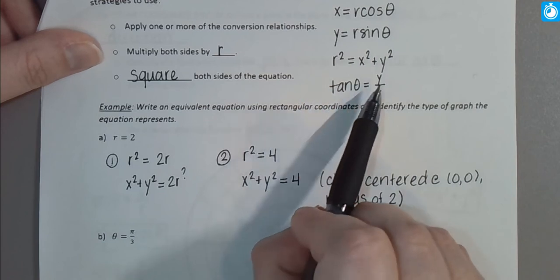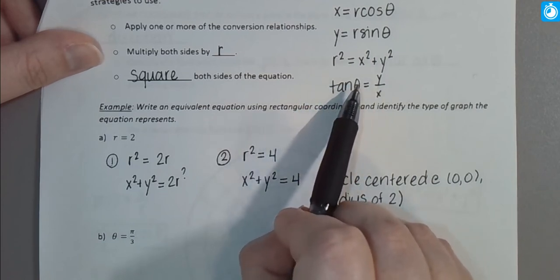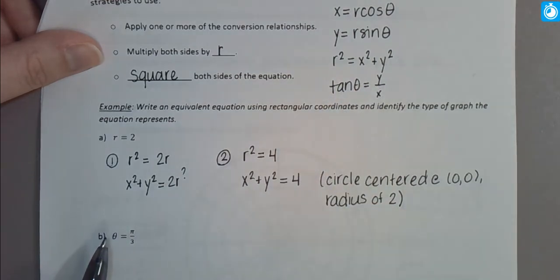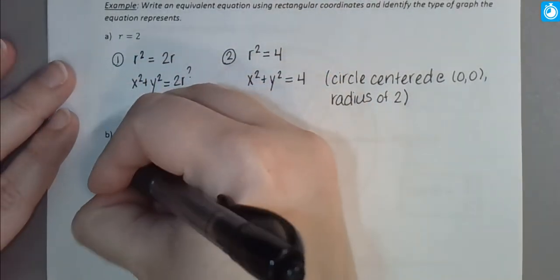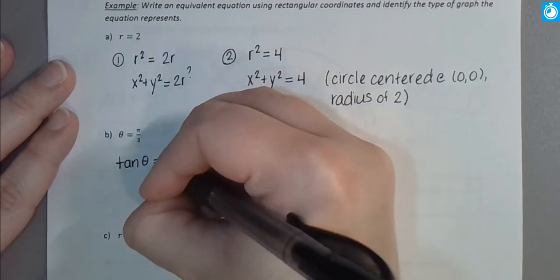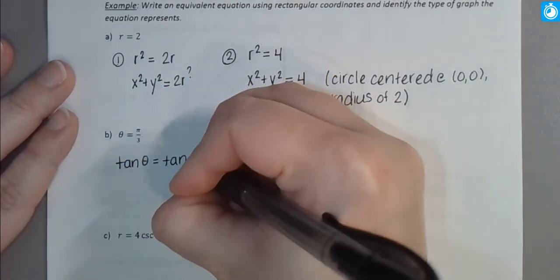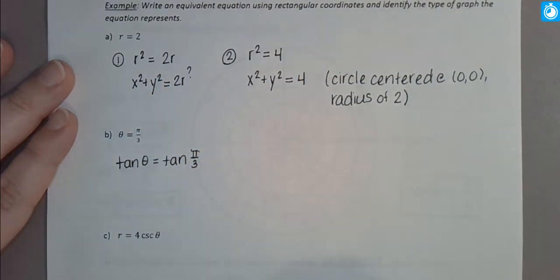Now, in order to use this conversion, we need not only theta, but the tangent of theta. So I'm going to apply the tangent function to both sides in order to put this in a form that's usable. So I'm going to take the tangent of theta, which means I also need to take the tangent of pi over 3.